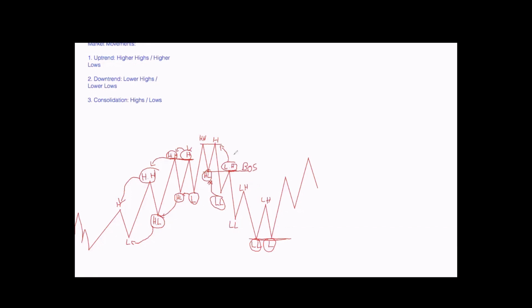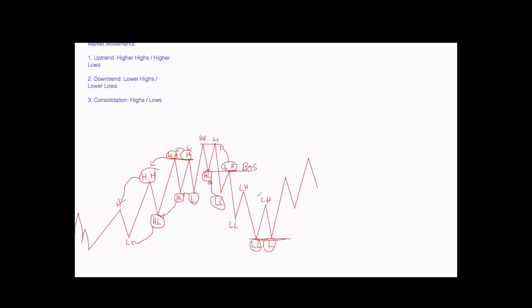For the market to maintain an uptrend structure, it has to be making higher highs, higher lows. It can make highs, it can make lows and still be maintaining structure, but we cannot form a lower low or a lower high.